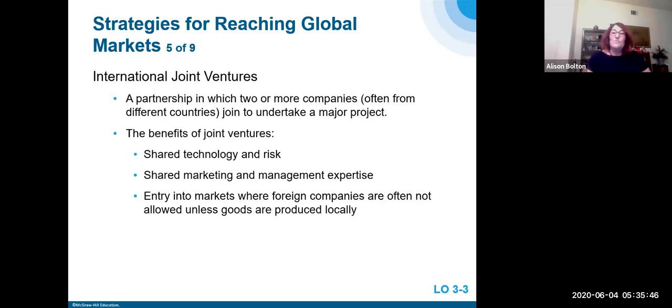It also helps bring you into new markets where foreign companies are not always allowed. Sometimes, if you're building a bridge with another company, your product may not be as welcome there as you think it is. But when you do it with a company that's already there, then they have a door opener.